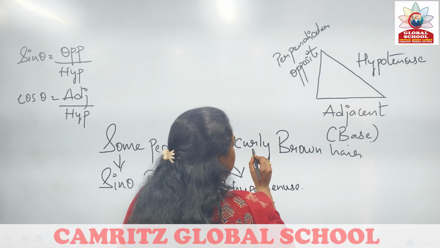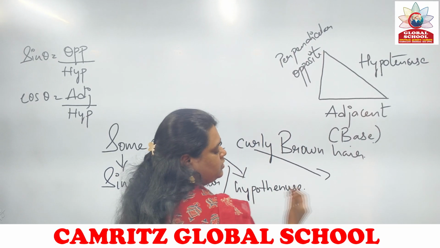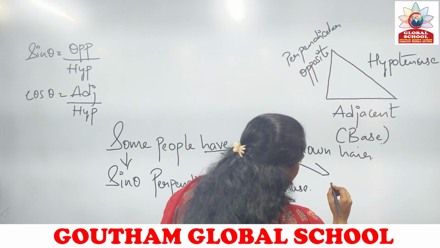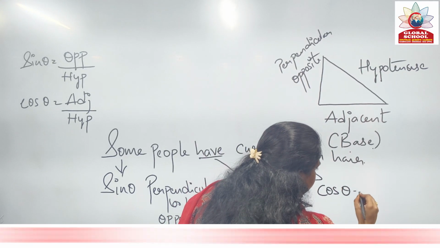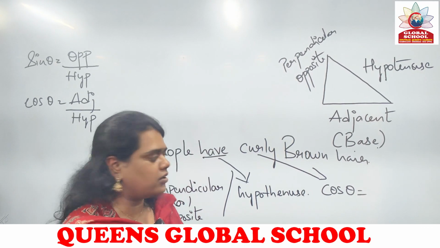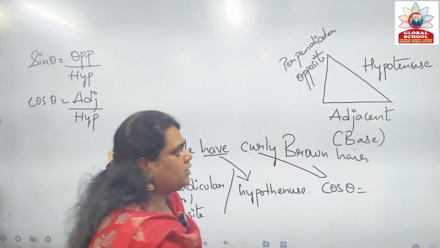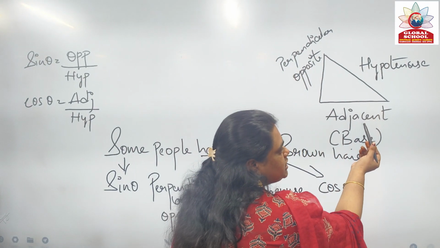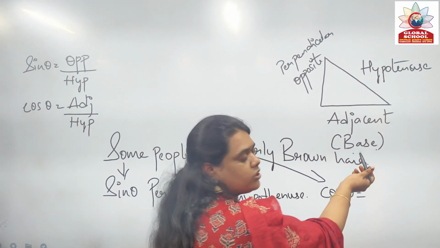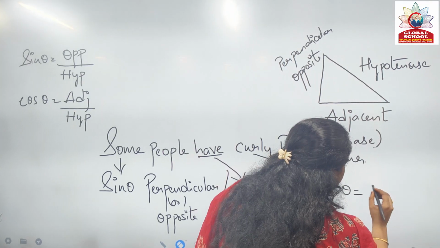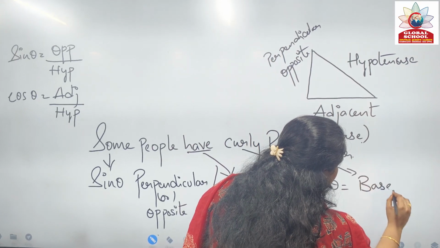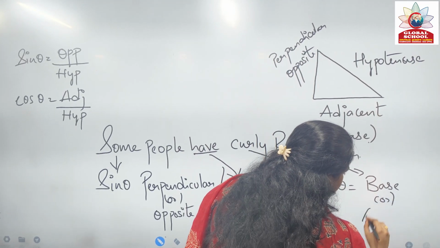Coming to curly. Curly is nothing but cos theta. Brown here is termed to be adjacent or base. So base, or you'll also call it adjacent.